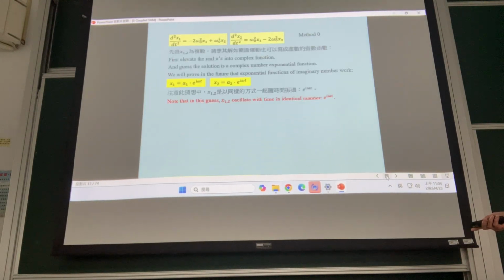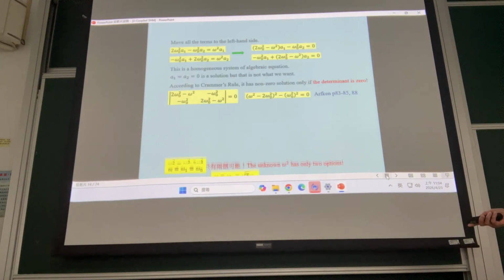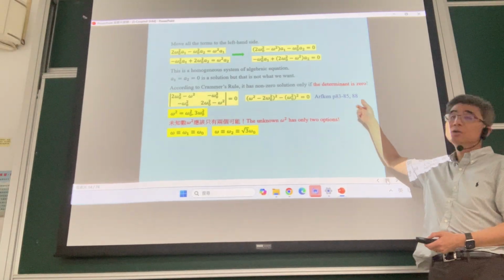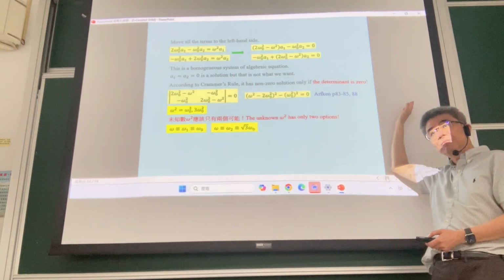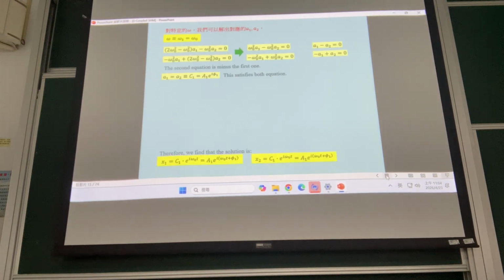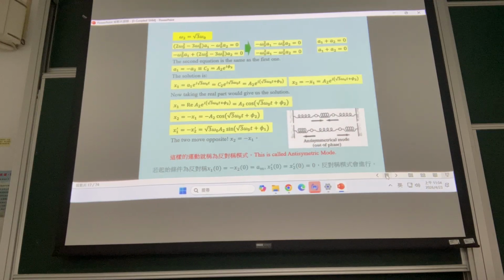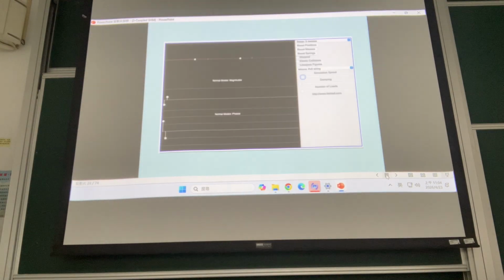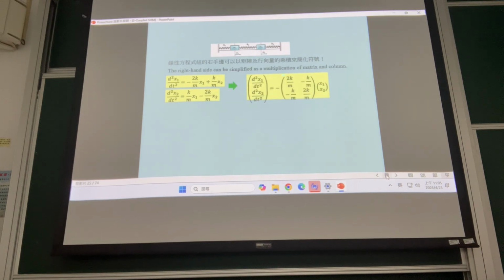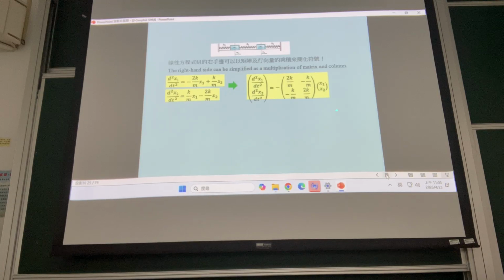In the beginning of the second chapter, around page 83 to 88, maybe a little bit beyond, you will see he reviewed this multiplication rule. So if you are familiar with this multiplication rule, then the system of equations of motion we can easily simplify into a multiplication of a matrix and a column.